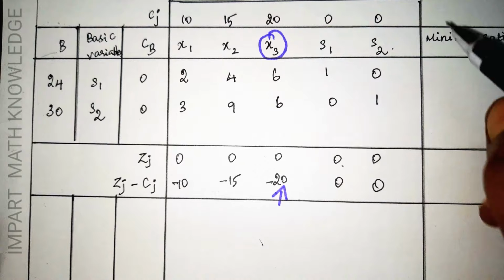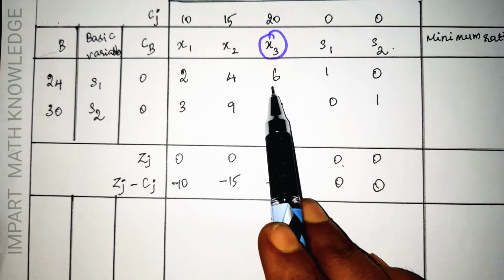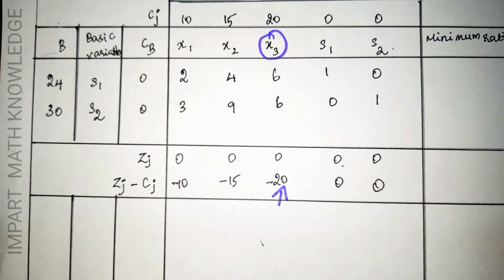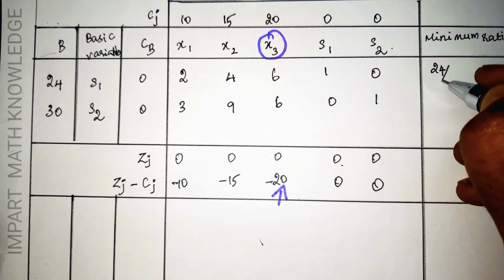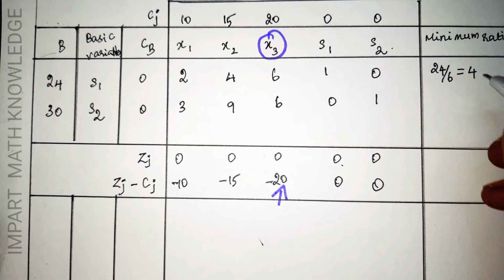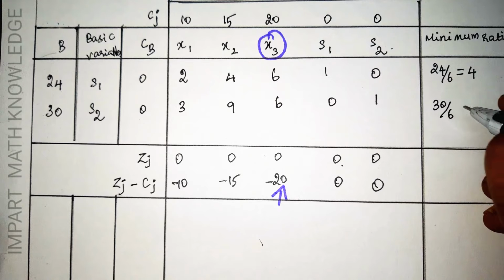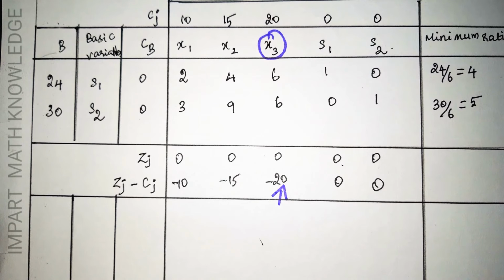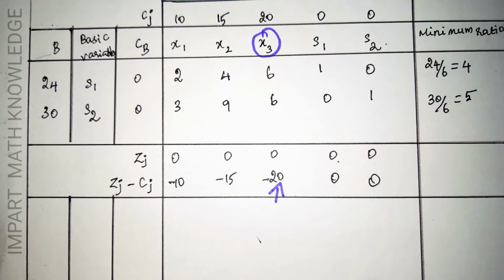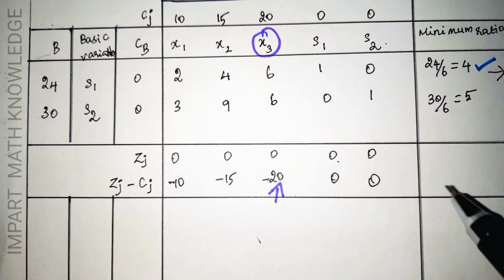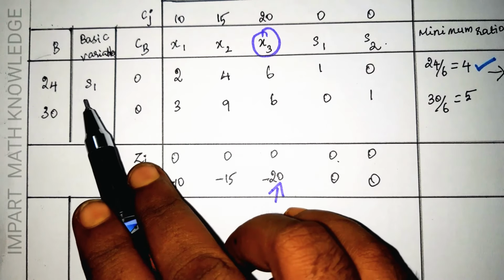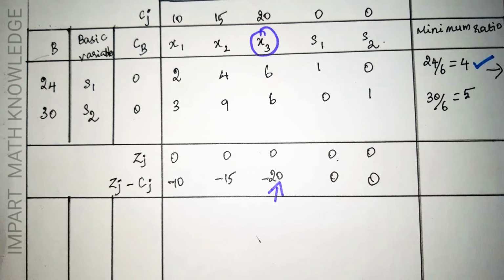That is 24 divided by 6 and 30 divided by 6. 24 divided by 6 is equal to 4. 30 divided by 6 is equal to 5. From this you have to pick the minimum value. The minimum value is 4. So you have to put an arrow mark like this. This arrow mark represents the corresponding variable s1 leaves the table.